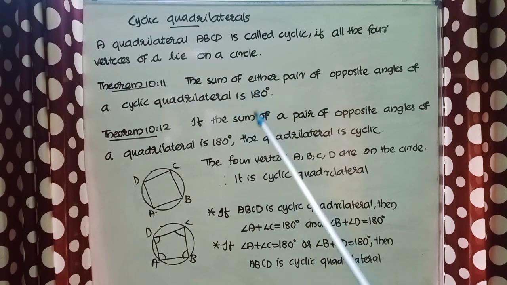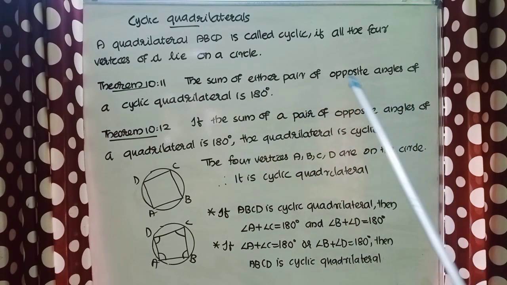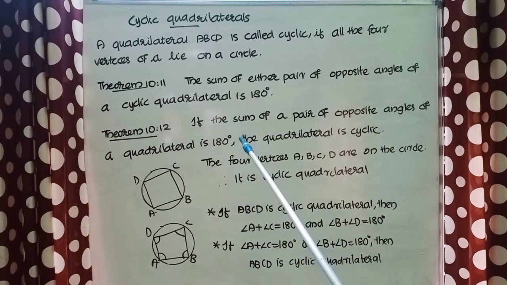Next theorem, if the sum of a pair of opposite angles of a quadrilateral is 180 degree, the quadrilateral is cyclic. That means, see the figure, there is a circle and quadrilateral ABCD. Then first theorem states that if ABCD is cyclic quadrilateral, then the sum of the opposite angles equal to 180 degree, that is angle A plus angle C equal to 180 degree and angle B plus angle D equal to 180 degree.